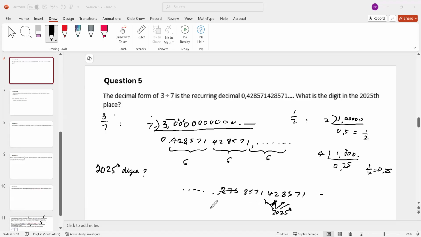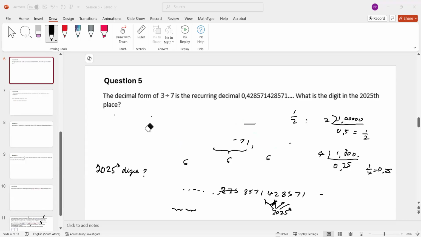But if you keep taking groups of 6, then the question is, how many groups of 6 are there in 2025? So that's an interesting question, because you want to see how many groups there are. You want to get as close to 2025 as possible, right?